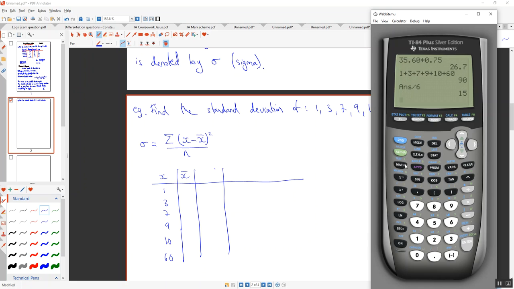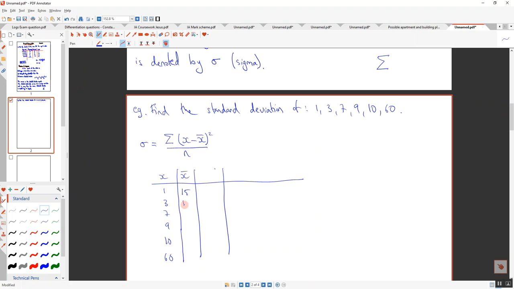Is it 14.8 or 15? I said 15. 90 divided by... Oh, that works out. No, you're right. Okay, cool, nice. So my mean is 15.